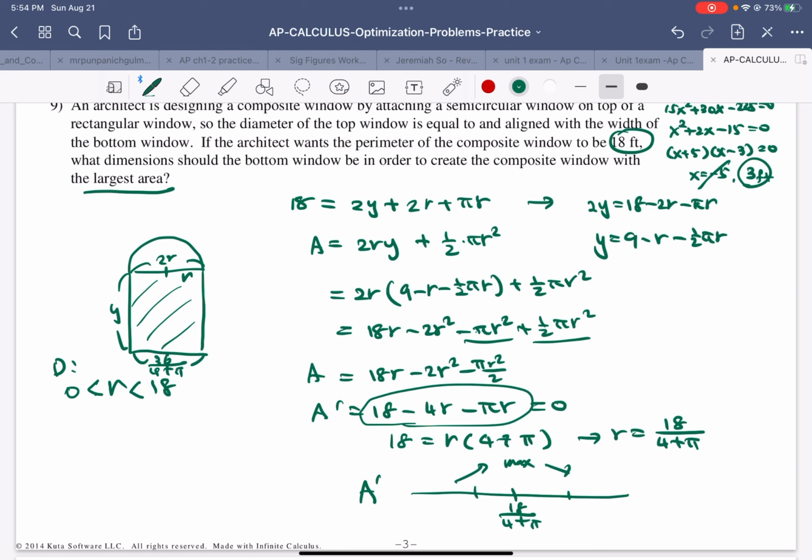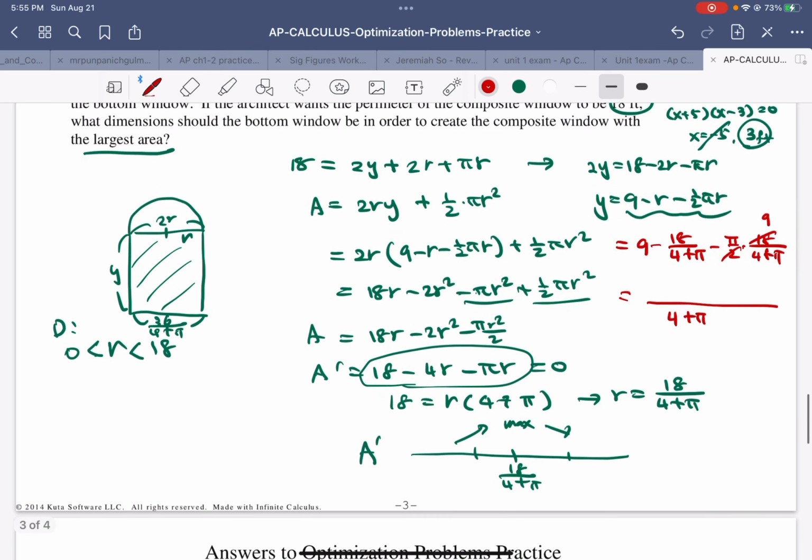How are you going to get y? So from here you can get y. So y is 9 minus 18 over 4 plus pi minus pi over 2 times 18 over 4 plus pi. That's a little confusing, but let's do that. This is 9. So you can have a common denominator, which is 4 plus pi.